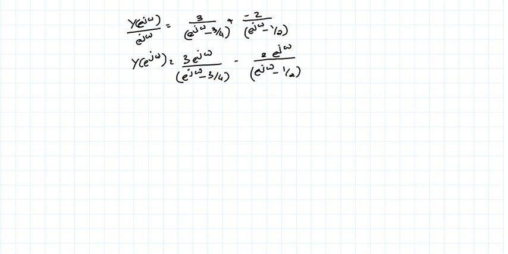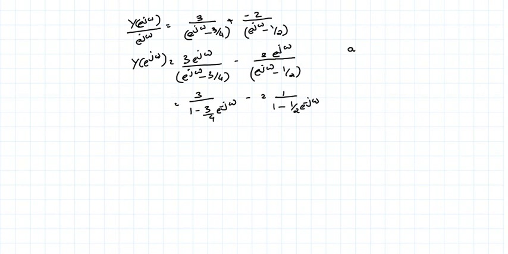Now I take e raised to j omega common in the numerator and denominator, so the final expression will be like this: 3 by (1 minus 3 by 4 e raised to minus j omega) minus 2 into 1 by (1 minus 1 by 2 e raised to minus j omega).